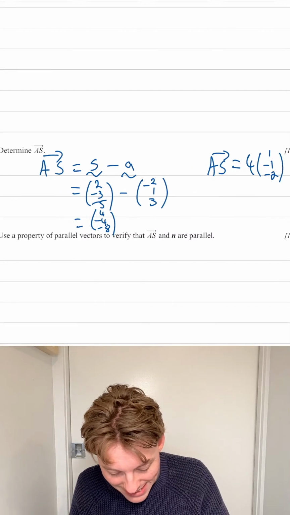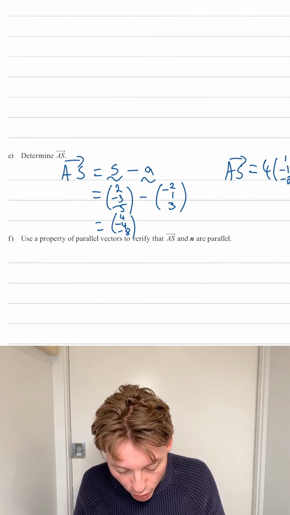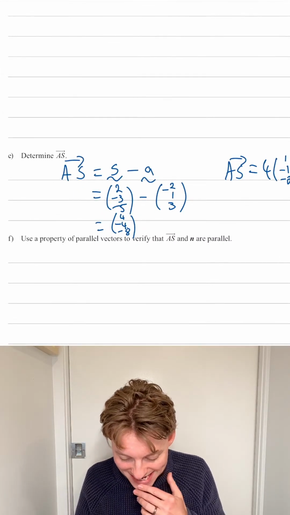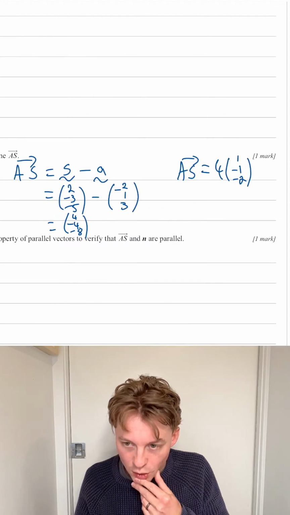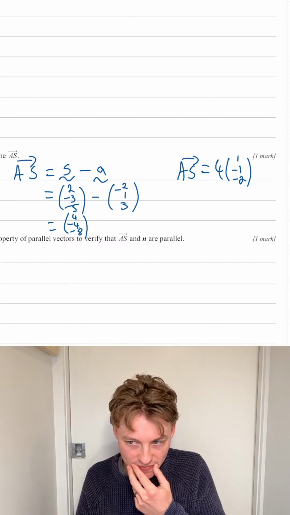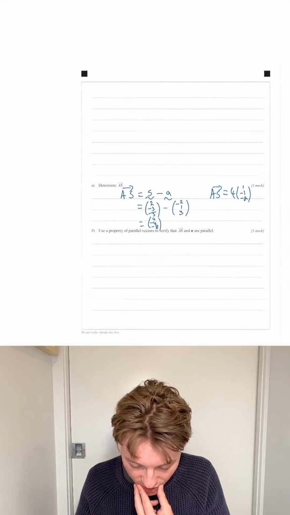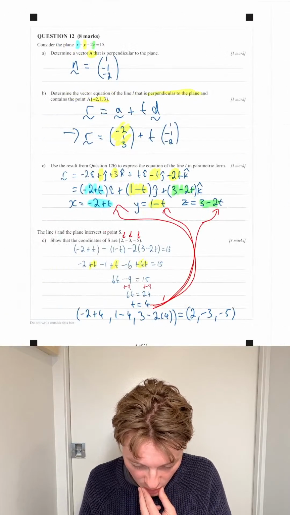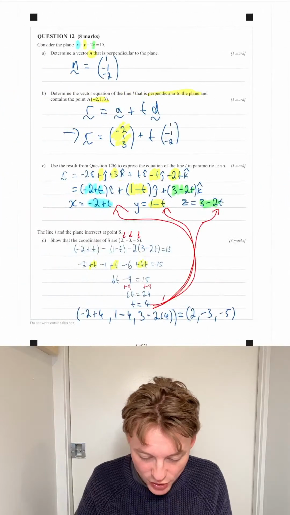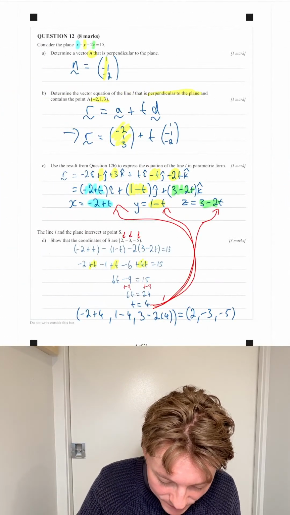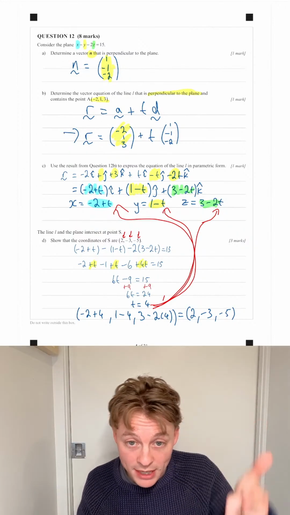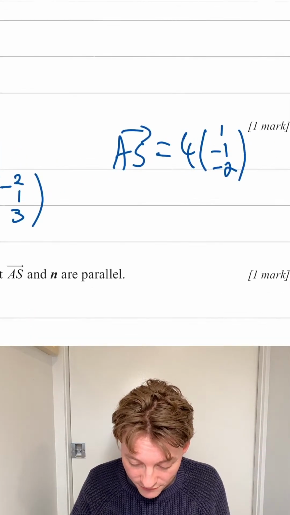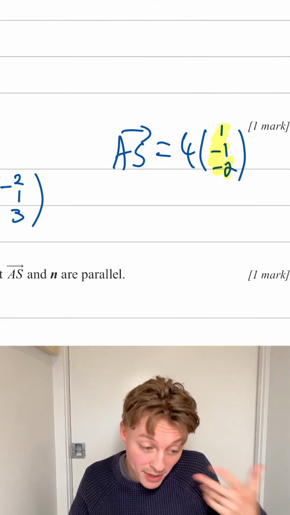Part B says, use a property of parallel vectors to verify AS and the normal vector are parallel. Well, I've actually pretty much done that. You can see here, vector n, this is why it's good to take out common factors. Vector n is 1, minus 1, minus 2. When I take out a common factor, I get 1, minus 1, minus 2.